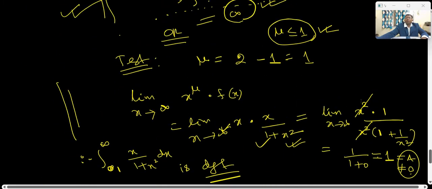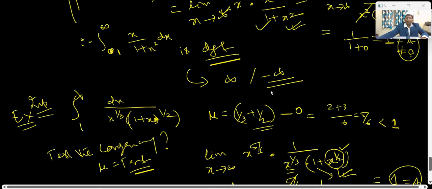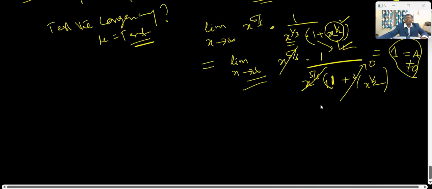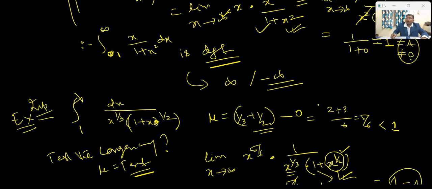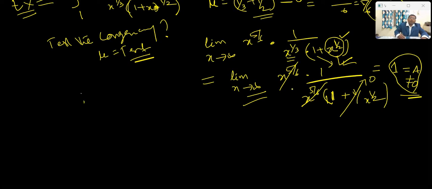The moment you get mu smaller than 1, we think of divergence, for which we need the value a not equal to 0. Therefore the integral is divergent here.